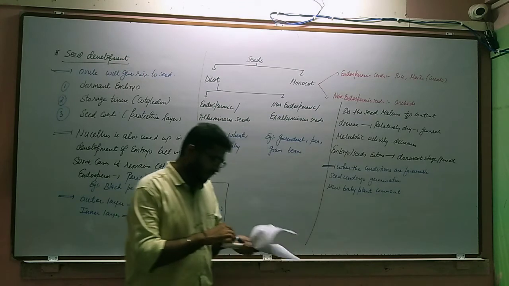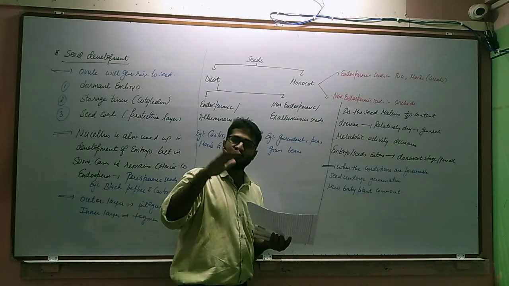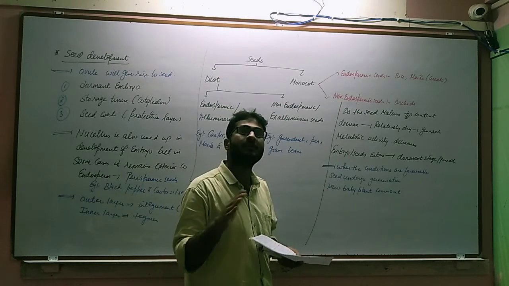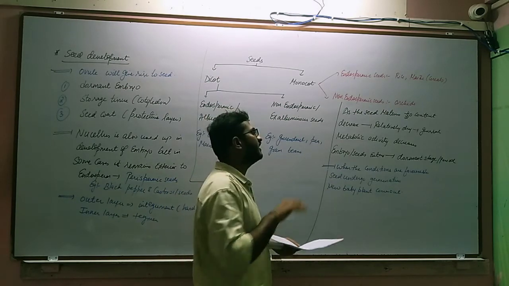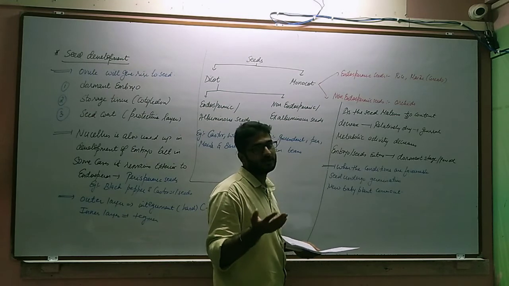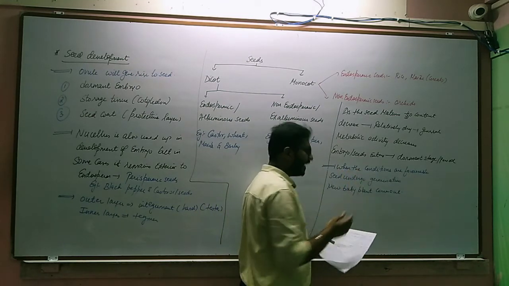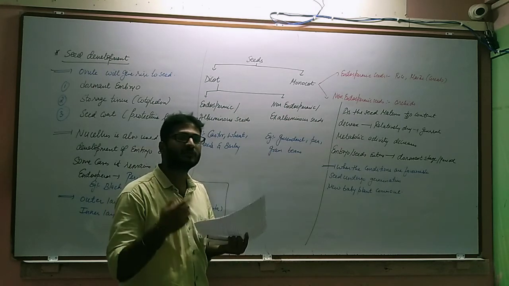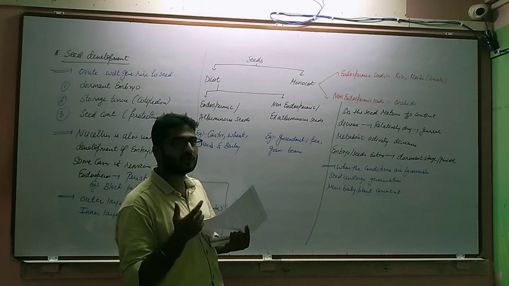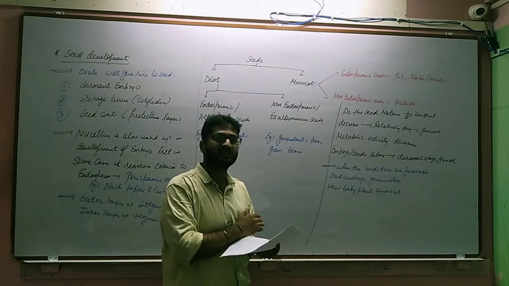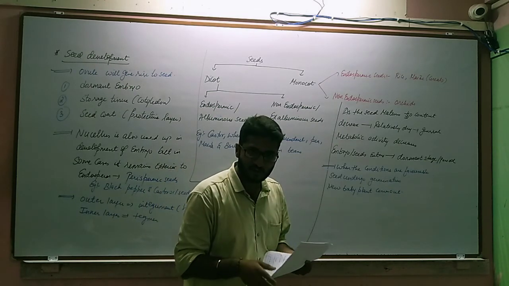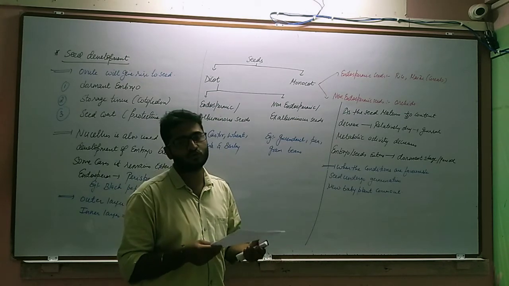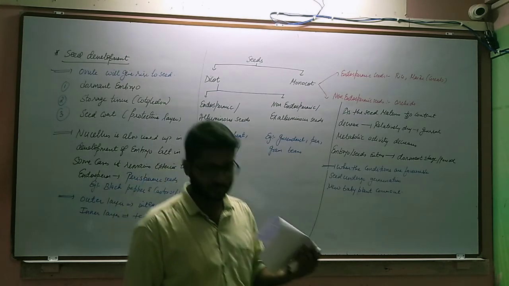So when the seed matures, the water content decreases and the seed becomes dry. Metabolic activity is still there, but at a very slow rate. So the seed enters a dormancy period, which, we all know, is an inactive stage of the life of an organism. Here we are considering the seed. When the conditions are favorable again, the seed undergoes germination to give rise to a new baby plant.